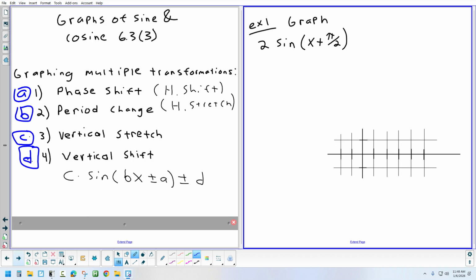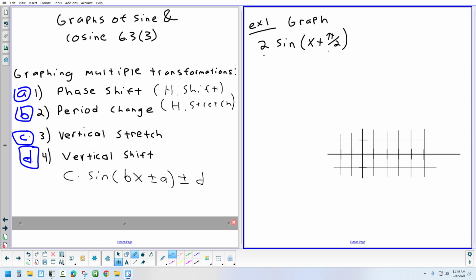All right, so let's look at this one. How many transformations does this one have out of the 4? It has 2. Yep. What's the pi over 2? Phase shift. Yep, that's a phase shift, so we got 1. And what's the 2 in front? Vertical stretch. So we have 2 transformations, and one of them is going to do something left and right.